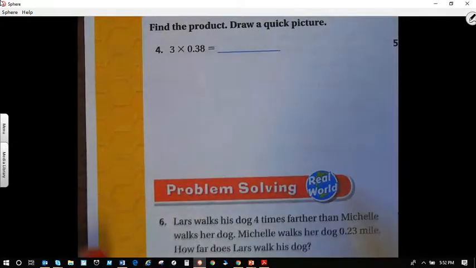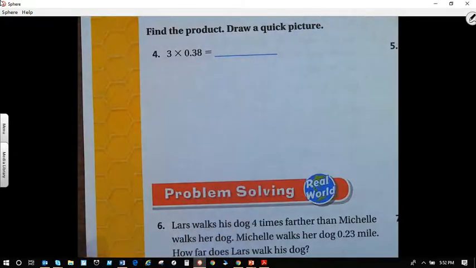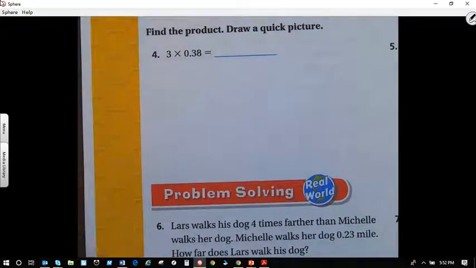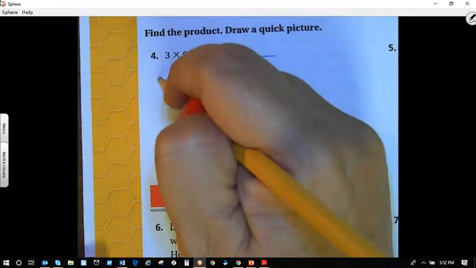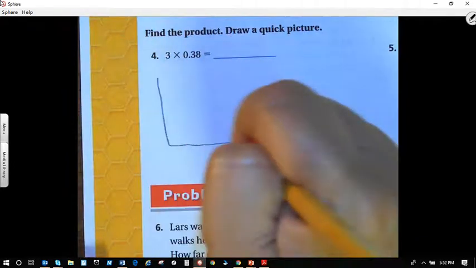And on this one right here, we're looking for the product and it wants us to draw a quick picture. And so I needed to have 3 groups of 38 hundredths. So I'm just going to draw up my picture.